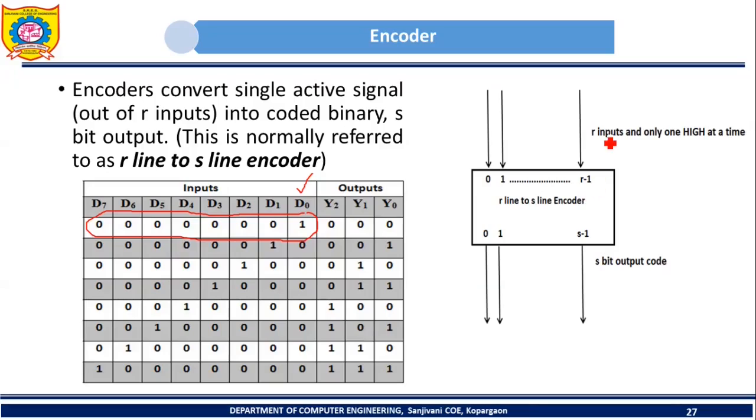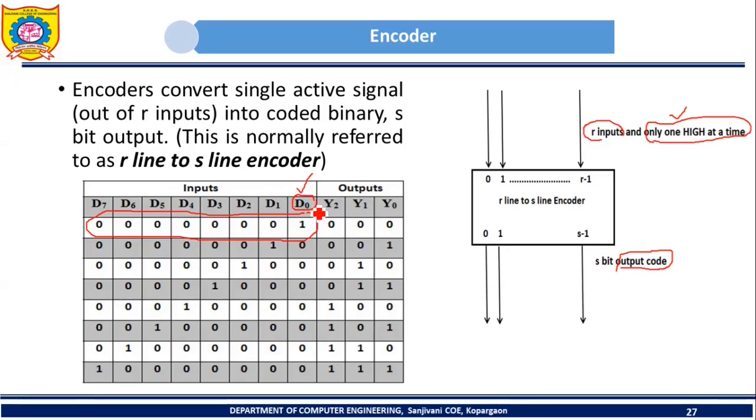In the case of an encoder, out of these R inputs only one will be high, only one will be active at a time. Please try to understand this statement. In this case there are 8 inputs, and out of these 8 inputs only D0 is active. If D0 is high, what will be the output of the encoder? The output will be a binary code which corresponds to D0.